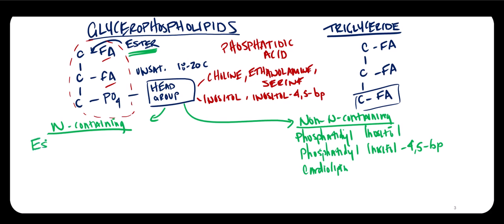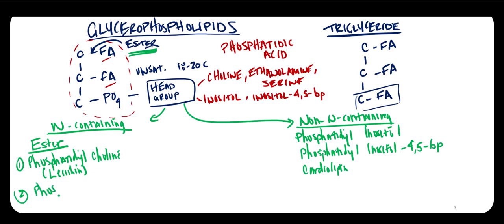If it's an ester bond, then we can get 2 different things: phosphatidylcholine, aka lecithin, or phosphatidylethanolamine, aka cephalin. Sorry, it won't let me write that close to the bottom.